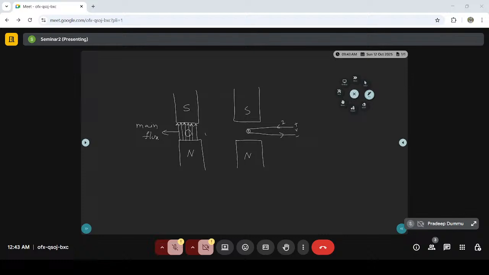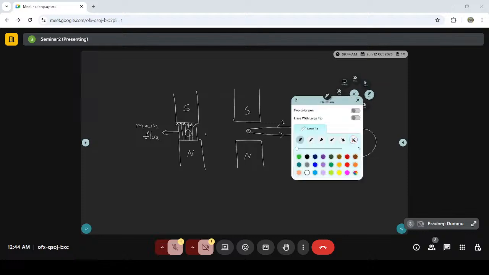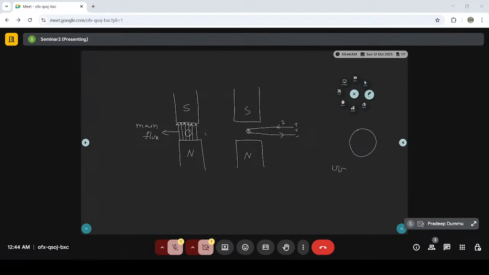How to make an armature? Take a steel bar, cut it into a circle shape, make slots. Now the conductor has to be placed, winding from one slot to the other slot.